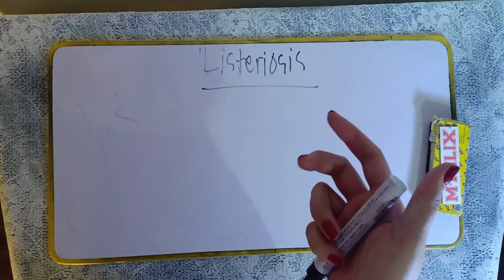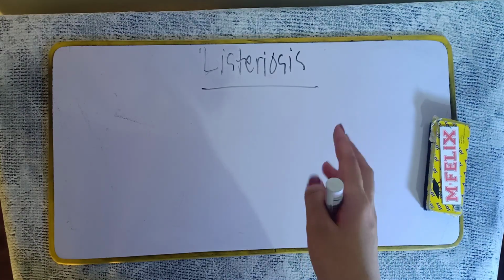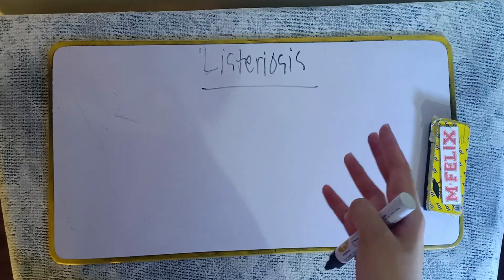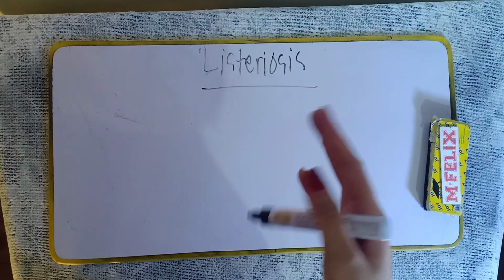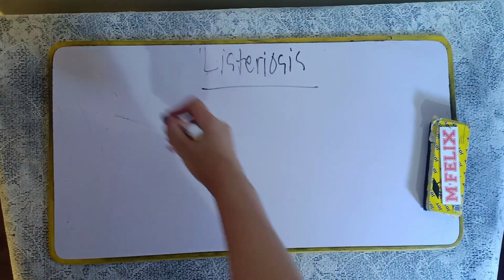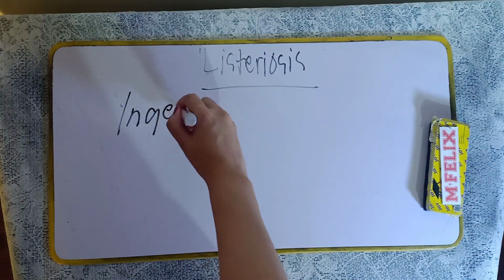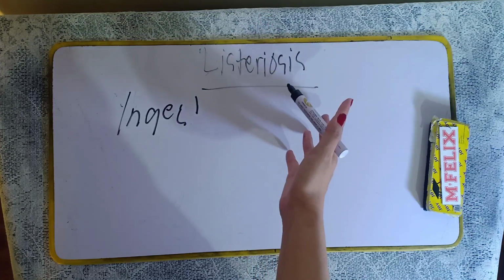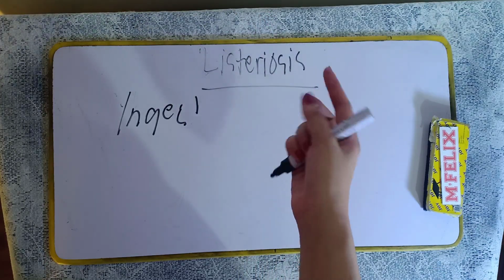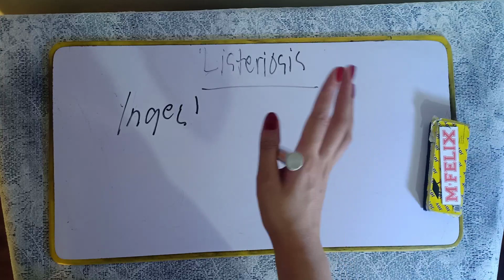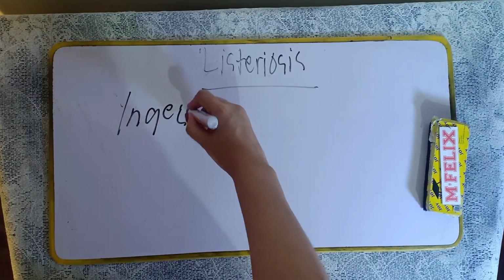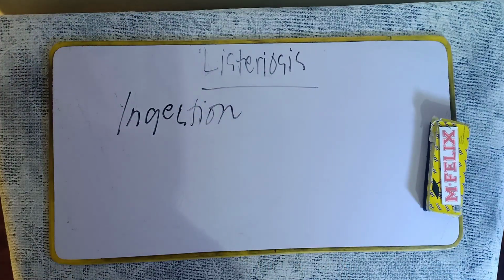Now, this can be acquired through ingestion of contaminated food products, as I said a while ago, diba? Such as meat or chicken, dairy products, and even coleslaw. Basta yung mga processed foods, class, okay? Ingestion of food products.